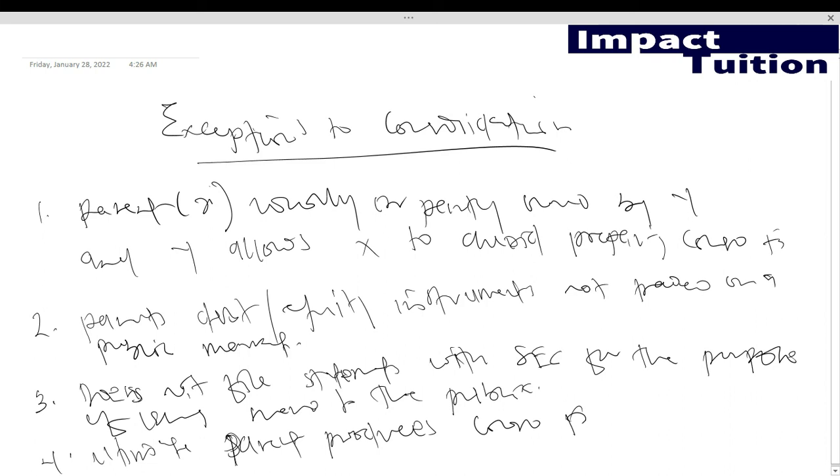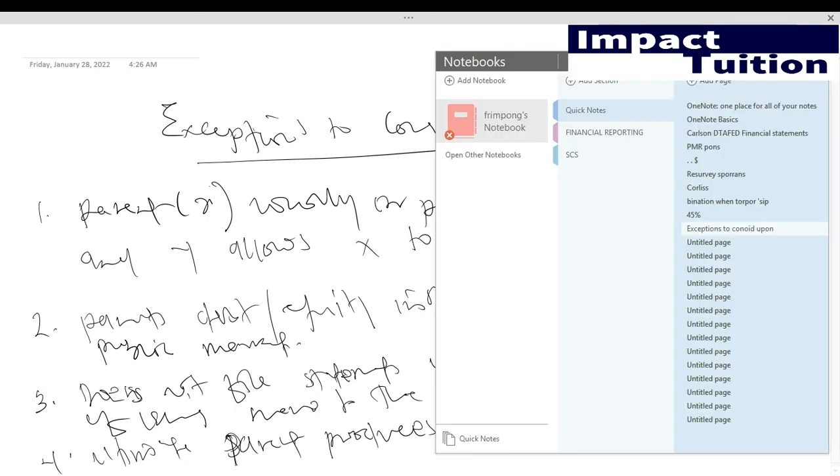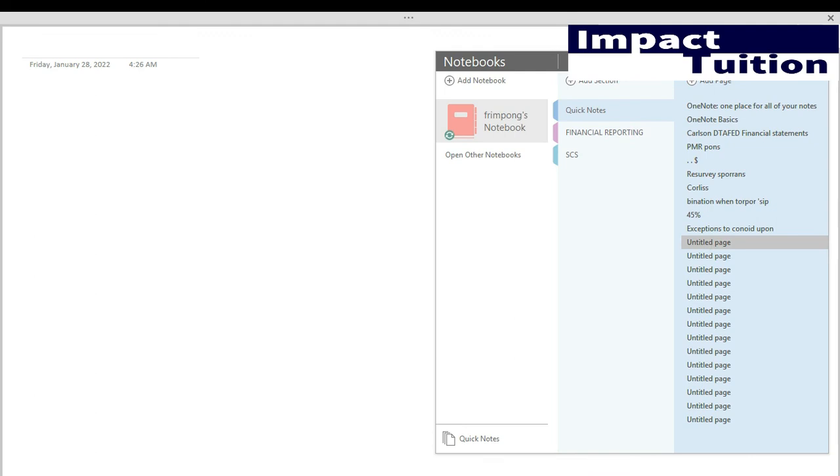So these are the exceptions to consolidation. Apart from this, companies which control other entities should prepare consolidated financial statements.